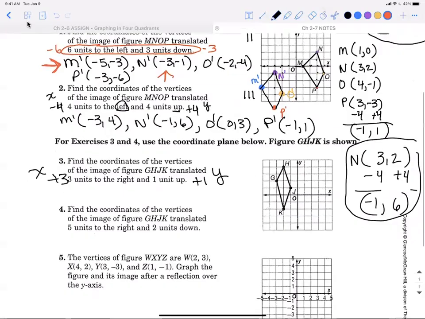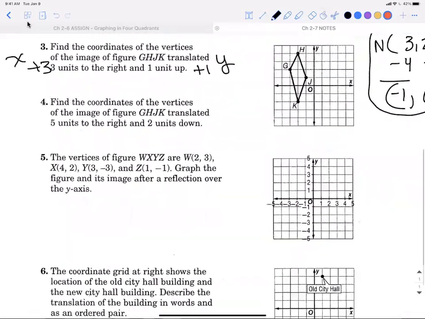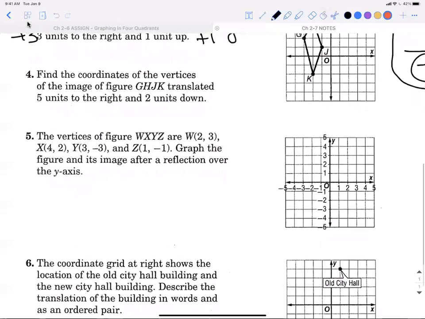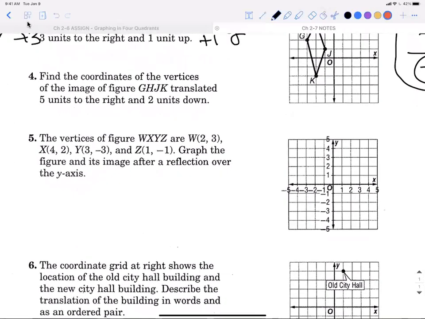Okay. Now I want to do an example of a reflection. So let's look at number 5. The vertices of figure WXYZ are listed. So we've got to graph them all. First we're going to graph W. W is at +2, +3. So everybody go ahead and graph +2, +3 and name it W. And then you're going to graph X, which is at +4, +2, and name that one X. And then you've got a Y, which is at +3, -3.